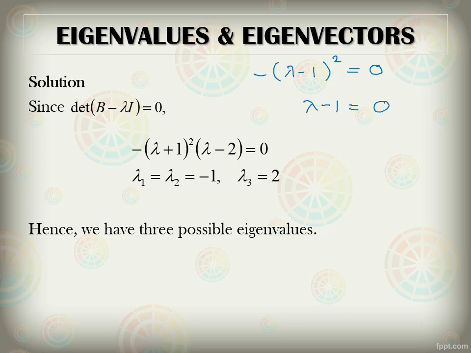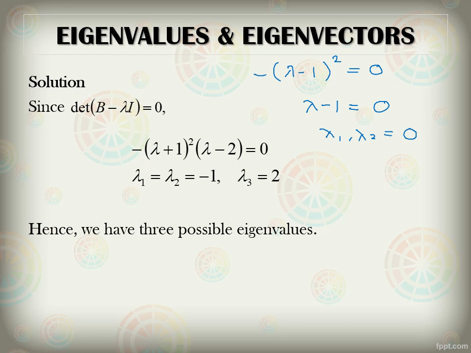You will have lambda 1 and lambda 2, because this is a square, so you must have two roots. So lambda 1 and lambda 2 are equal to 1.